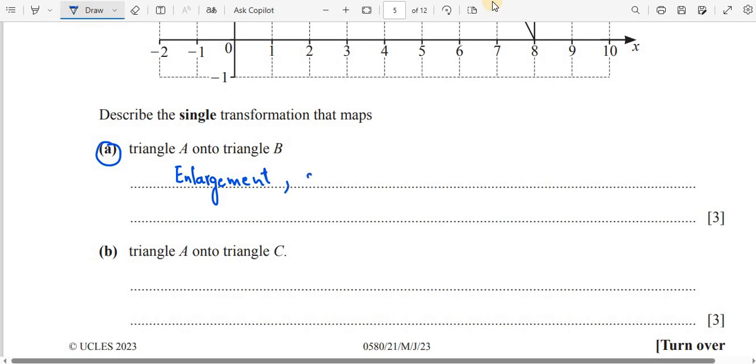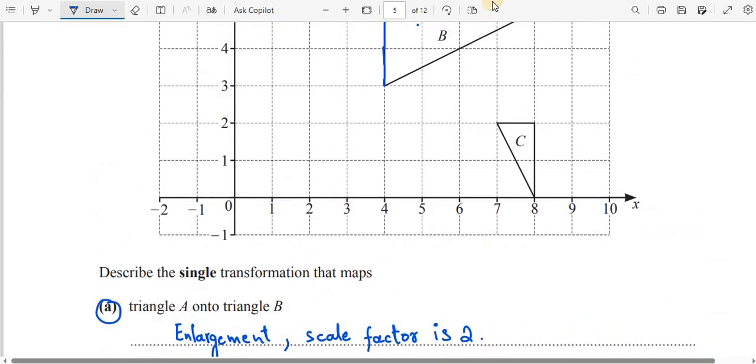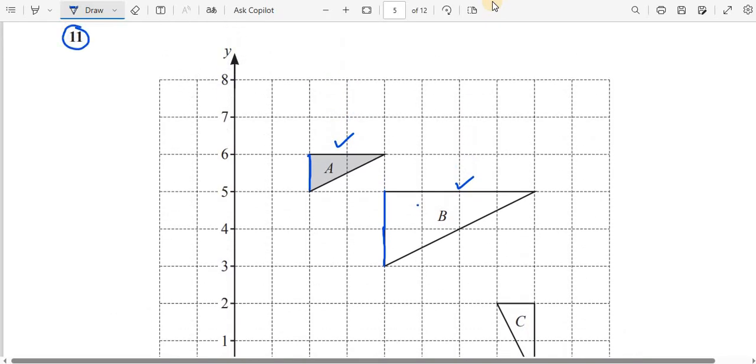Enlargement with scale factor 2, and if we draw the center, this is the center.